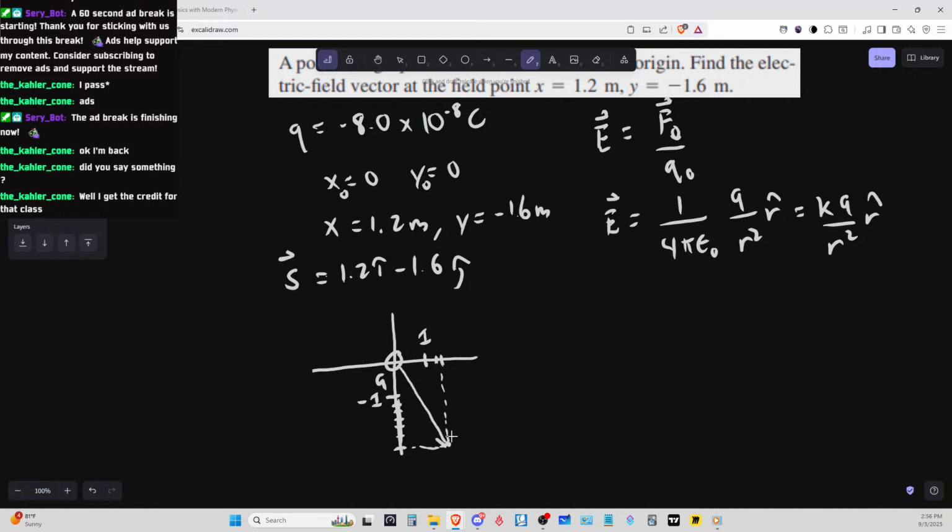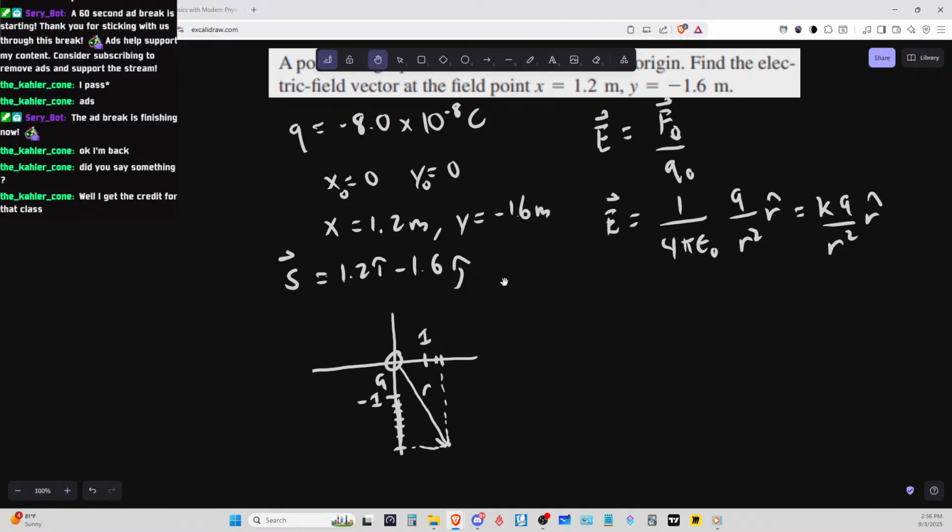So now we have to find the electric field vector. I'm guessing R here is going to be our distance, and that's the thing we have to figure out.